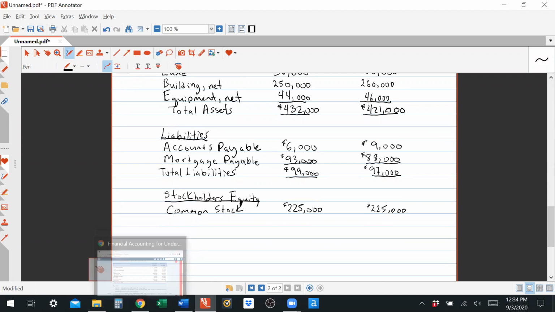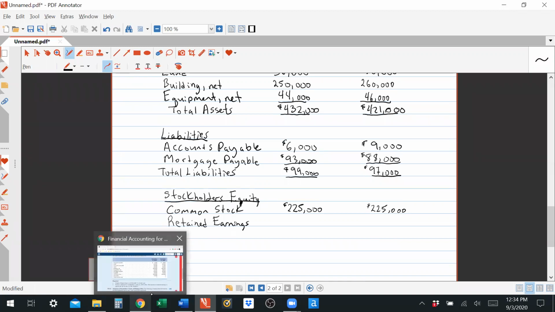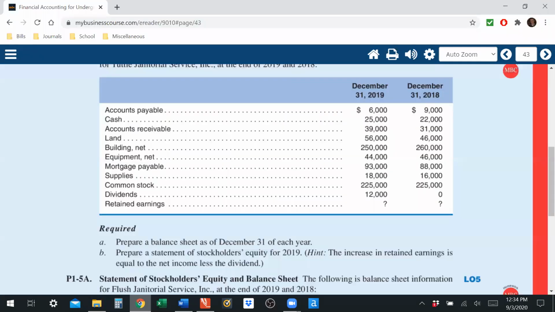And then after common stock, there's retained earnings. Now, retained earnings, the ending balance in retained earnings. It doesn't give us the ending balance in 2019 or the beginning balance in 2019 or the ending balance in 2018. It doesn't give us either one of those.